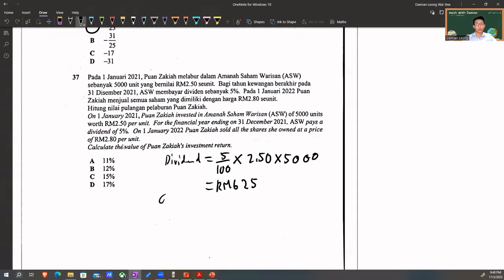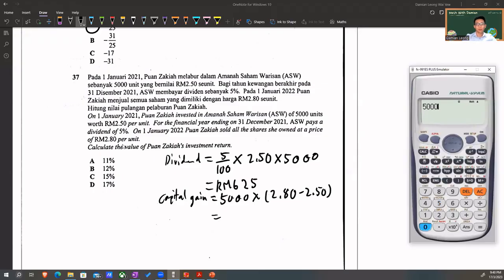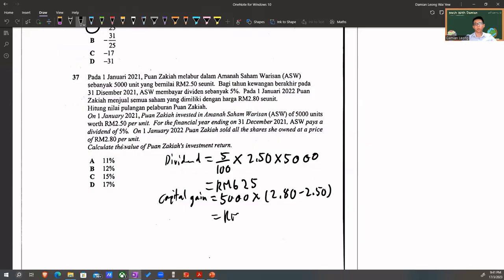And then the capital gain means how much you earn from buying and selling. It is 5,000 units times how much you earn per unit, RM2.80 minus RM2.50. So 5,000 times 30 cents, 0.3. So 1,500 ringgit. So together is 2,125 ringgit.